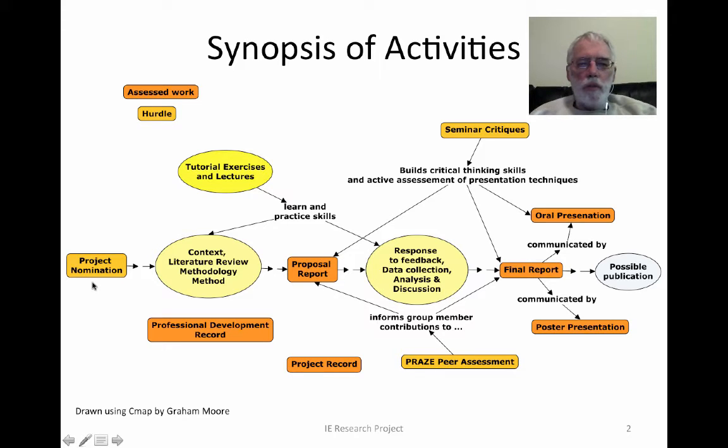You have just finished this stage of nominating your project, and that was the first hurdle requirement that you now have succeeded in passing. And you have a topic and a supervisor for your project. Through the first half of your project, you'll be concentrating on discovering the context, writing a literature review, and proposing and perhaps testing a methodology and method for your project.